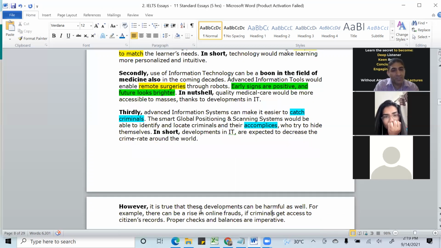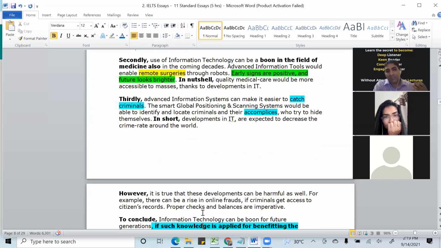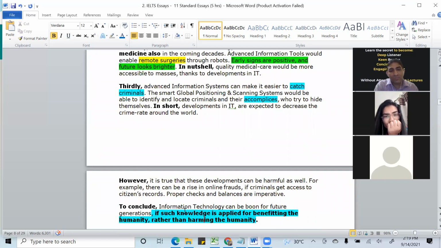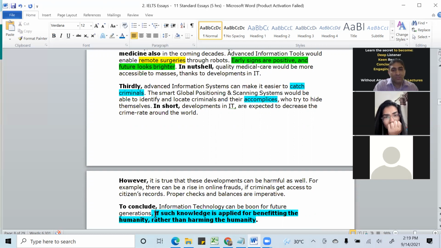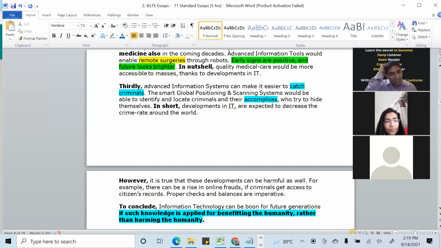For example, there can be a rise in online frauds. और सब कुछ कवर हो गया, ऐसा नहीं लग रहा कि बंदा एक ही साइड नहीं देख रहा है ना। अब देखो उसका इंट्रोडक्शन न्यूट्रल था, तो उसको उसने जस्टिफाई किया, information technology can be a boon for future generations, और उसके साथ में इफ क्लॉज लगा दिया। वैसे जब इफ बीच में आता है तो कॉमा नहीं लगता, ऐसा रूल है, तो अपन इस कॉमा को हटा दो। If such knowledge is applied for benefiting the humanity rather than harming the humanity, है ना, कि भैया नॉलेज तो नॉलेज है, चाकू को थोड़ी ना पता है। So like that, so that's what it is.